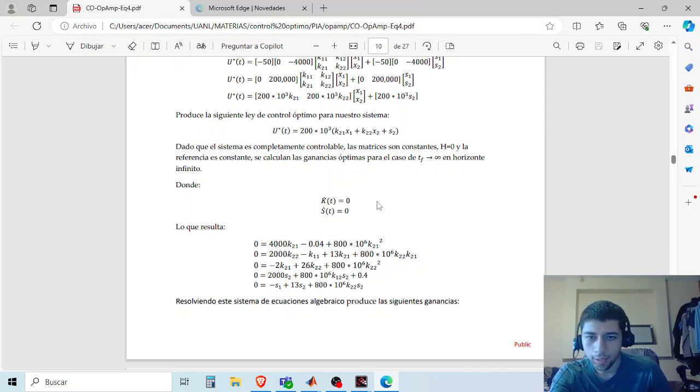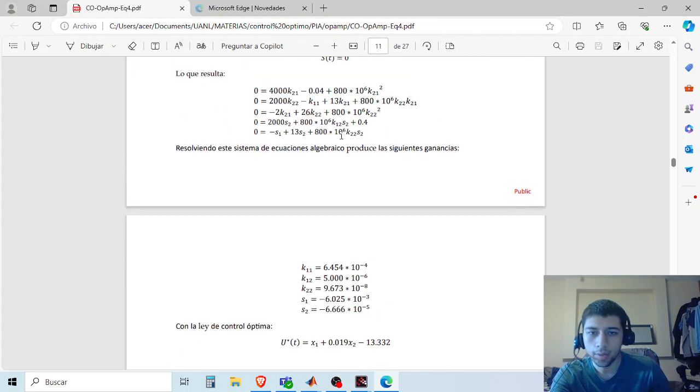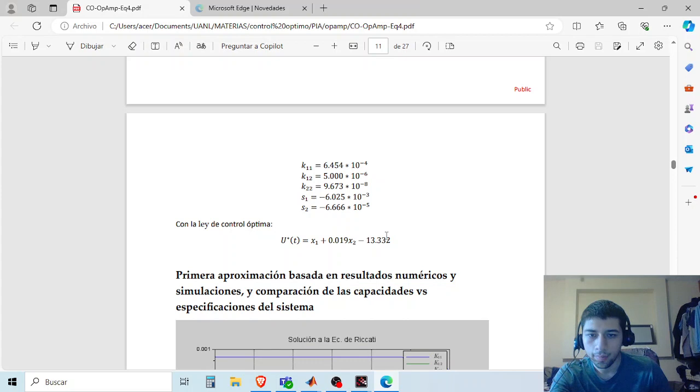We can set the differential equation system to 0 for K and for S, which gives us the following equation system, and it becomes an algebraic problem. So at this point we are gonna solve for every value, and it gives us the following gains, and substituting in our control law gives us the following representation with numbers.